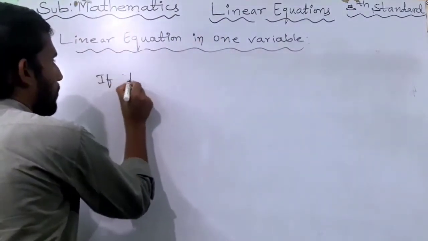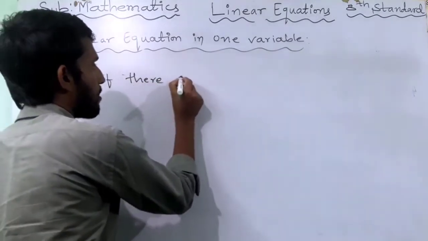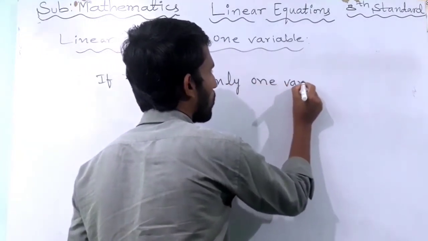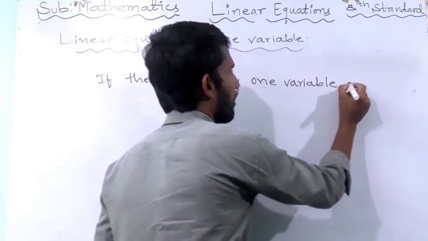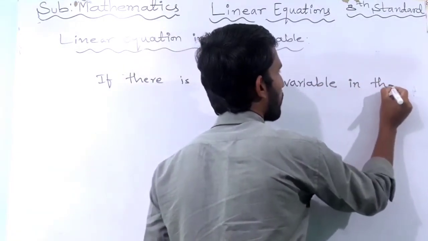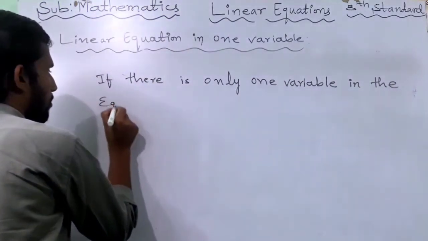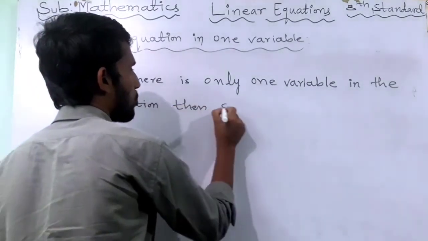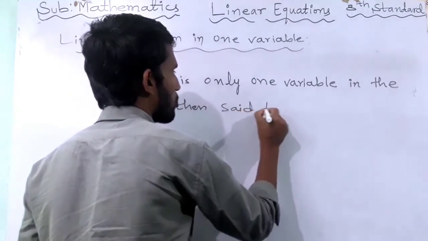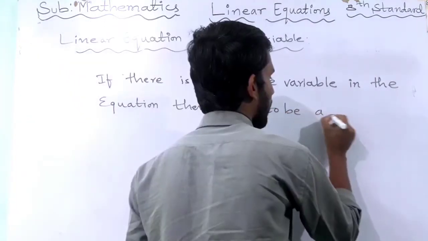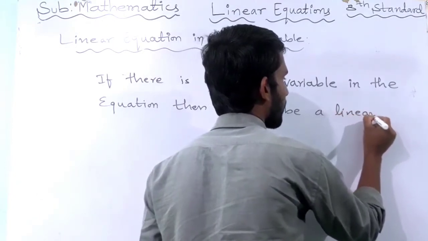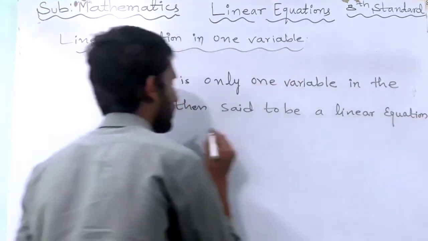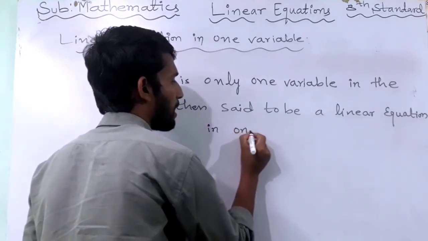If there is only one variable in the equation, then it is said to be a linear equation in one variable.